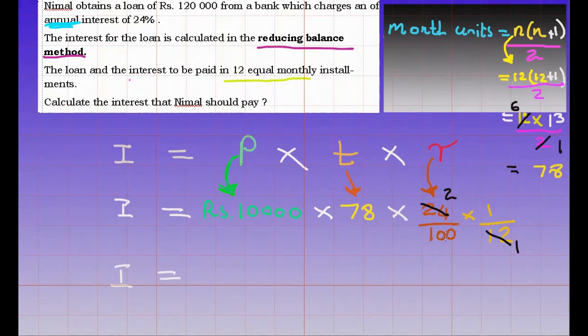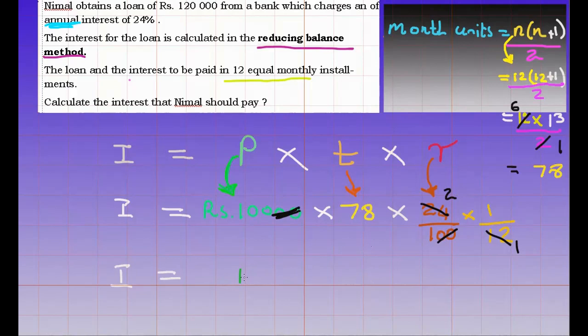So 100 has 2 zeros here. Simply cancel the zeros. That's the easiest method. So now what do we have? 100 times 78 times 2.